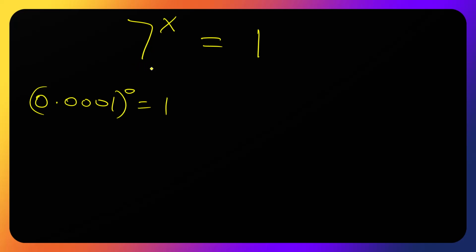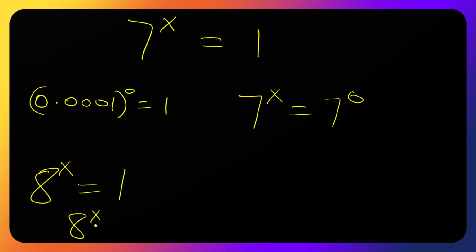We have 7 here, so I will say 7 to the power of x equals 7 to the power of 0. Why 7 to the power of 0? We want the bases to be the same, and 7 to the power of 0 is 1. So 8 to the power of x equals 1 will be 8 to the power of x equals 8 to the power of 0. So x equals 0. So the answer is straightforward, 0.